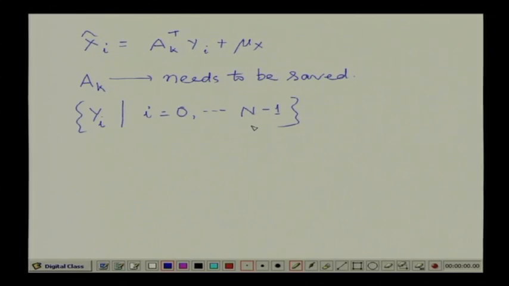So, if we save these two quantities, A_k and the set of transformed vectors y_i, then from these two quantities we can reconstruct an approximate original image given by the vectors x_i hat.